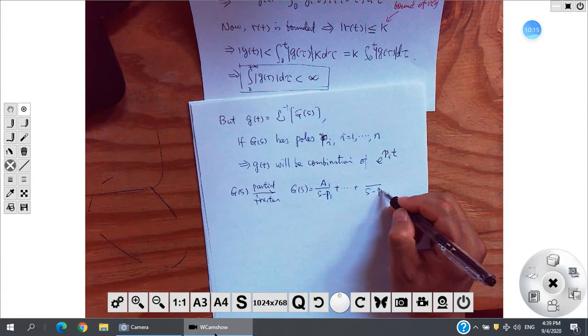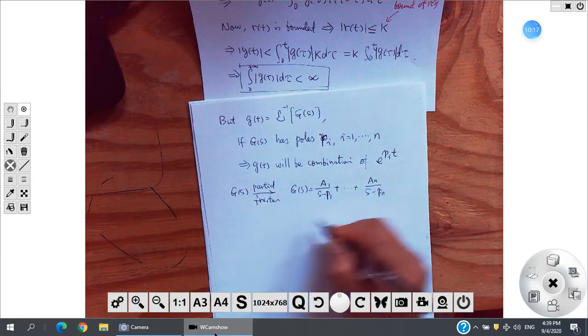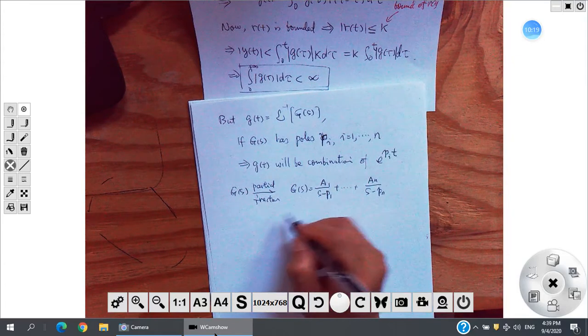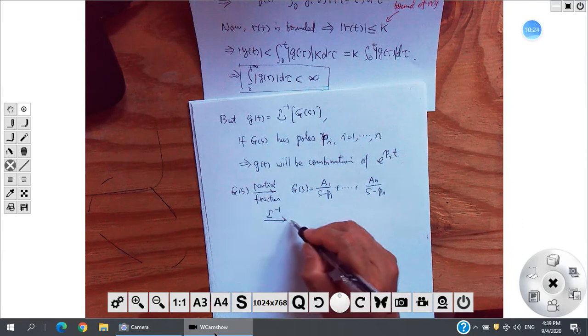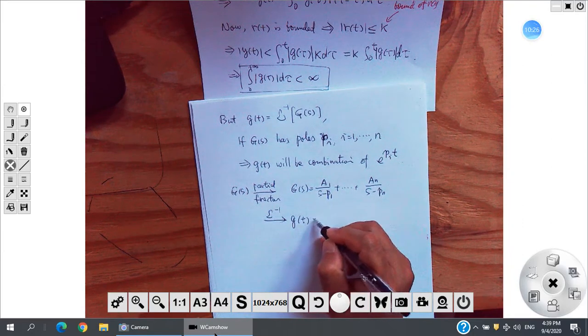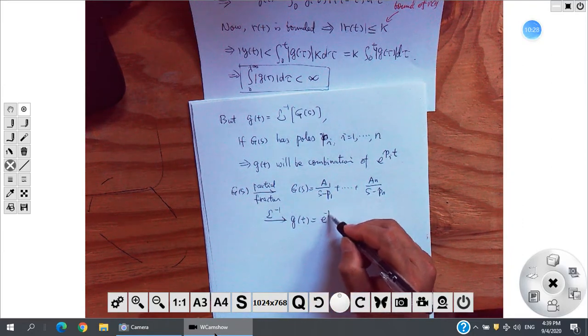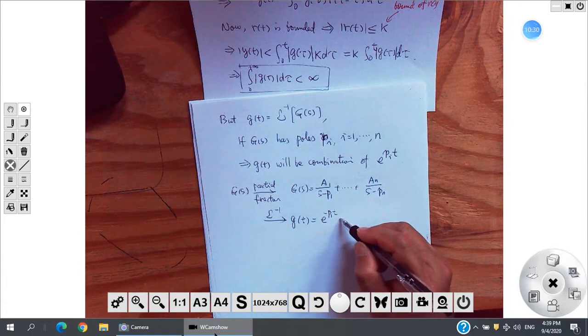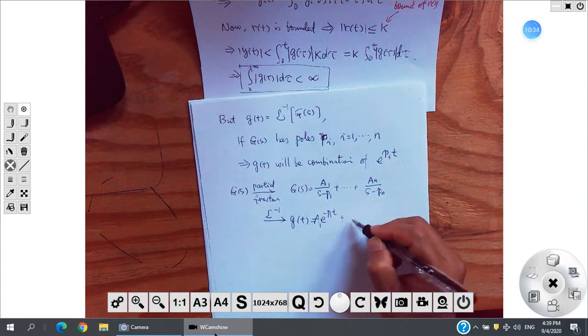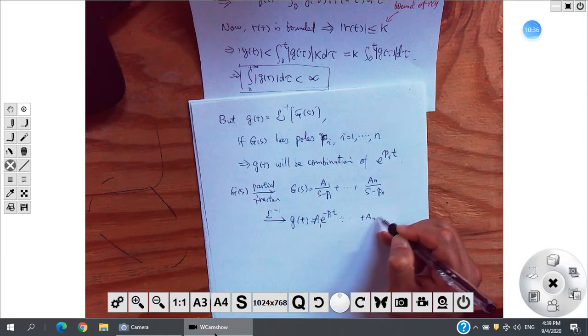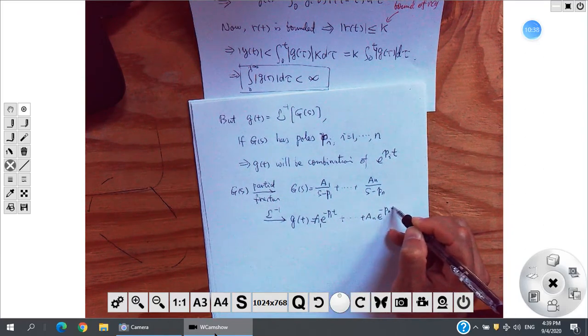Then with the inverse Laplace transform, you will have g of t equal to A1 e to the negative p1 t, until An e to the negative pn t, right?